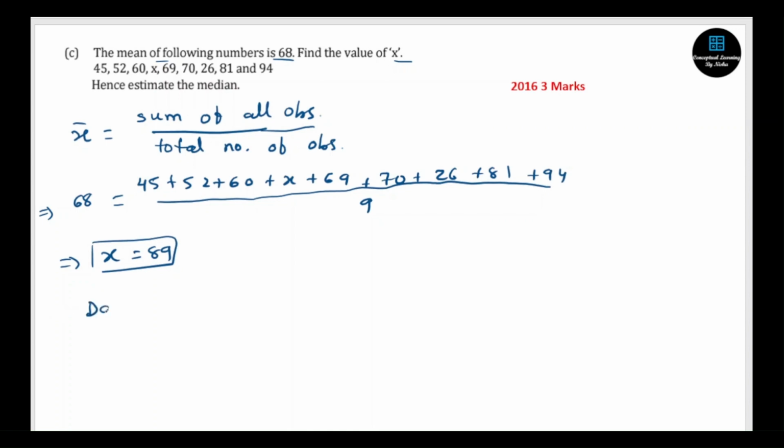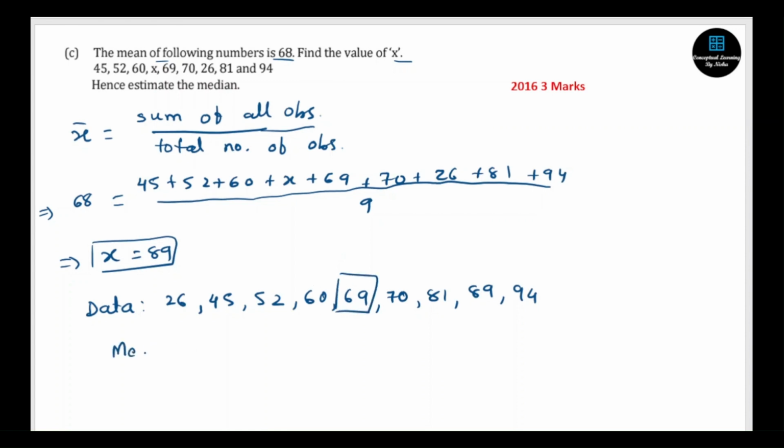So the data is: I'll write all the values, then comes 60, and then 69, 70, 81, 89 and 94. So we wrote all the values in ascending order, and as there are 9 data, the middle one is your median, correct. Very simple question, right?